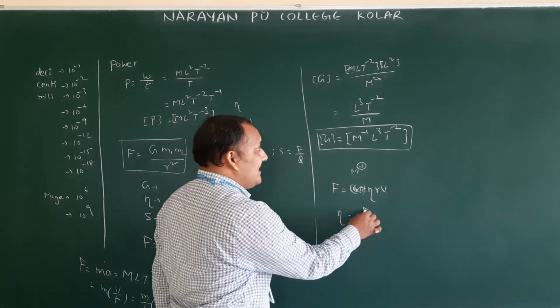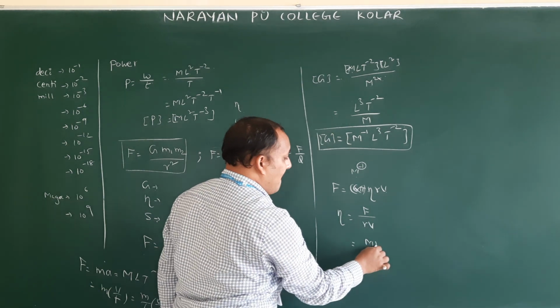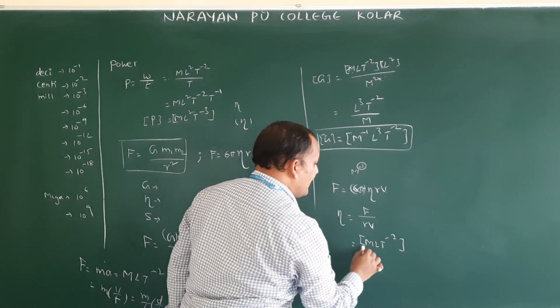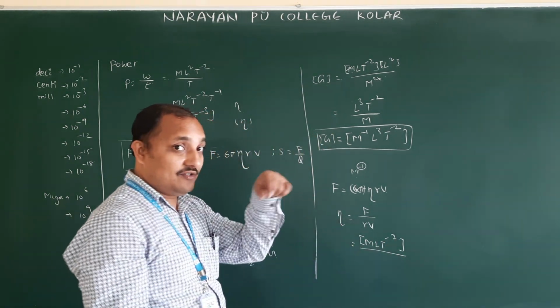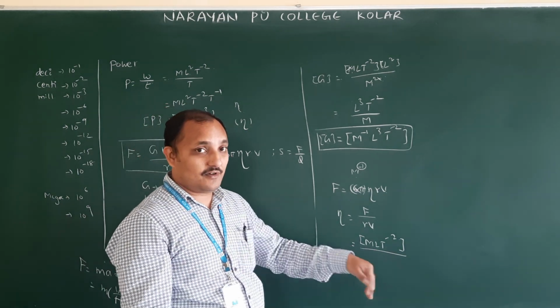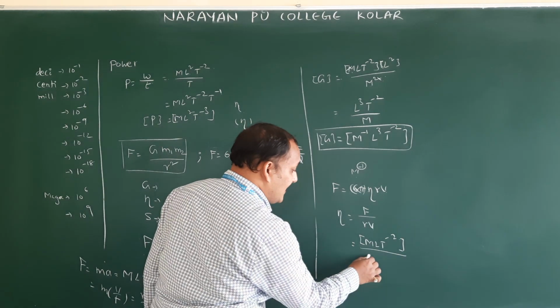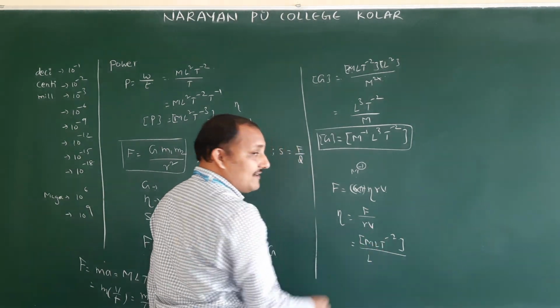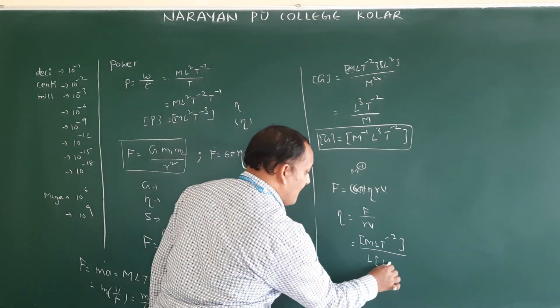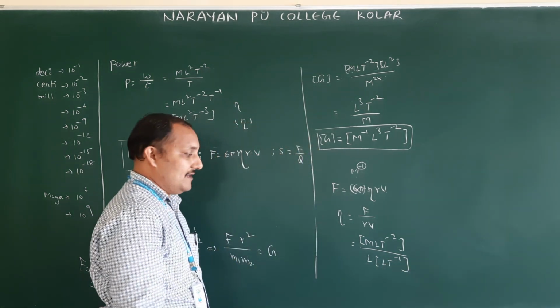Force is again M L T power minus 2. This is the second time I am writing it in today's class, so we should not forget the force dimension formula. R is radius, radius means length, L. V is velocity, whose dimension formula is L T power minus 1.